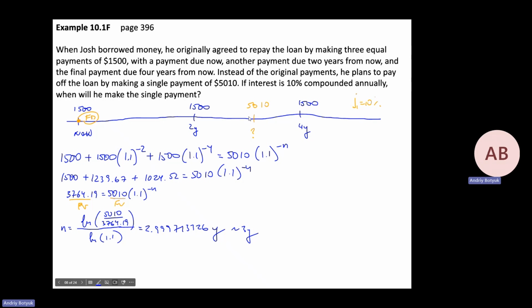No. 1,500 times 3, how much? 4,500, right? And he pays over $5,000. So he pays more. Okay, but well, you never know what might be the situation. So why did he decide to pay? Probably he didn't have money at the moment.